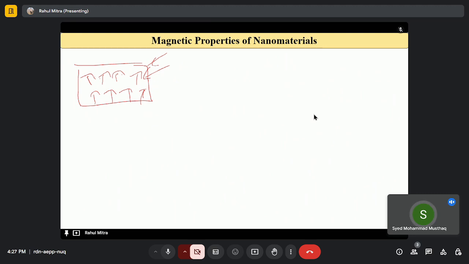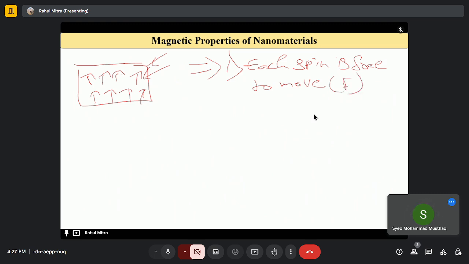Now, coming to the paramagnetism, right? The basic assumption of the paramagnetism is that each spin is free to move. I mean, it can align in any direction. So it has a freedom.